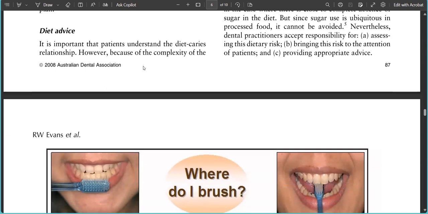It's because we are not only treating the holes, we are making the patient aware of all these things as well, so that we can prevent it in the future.